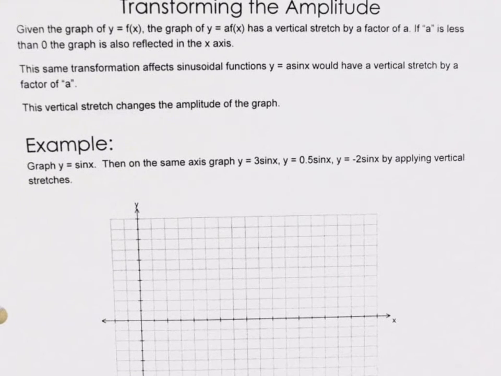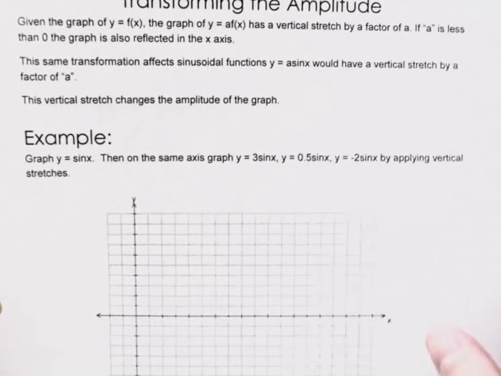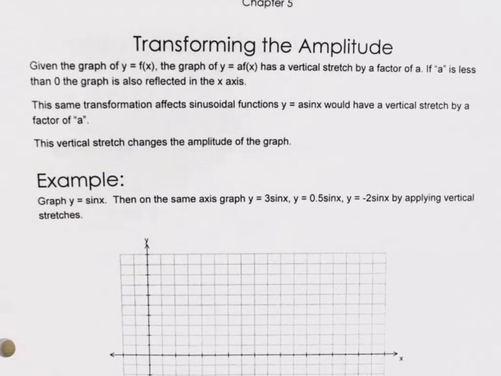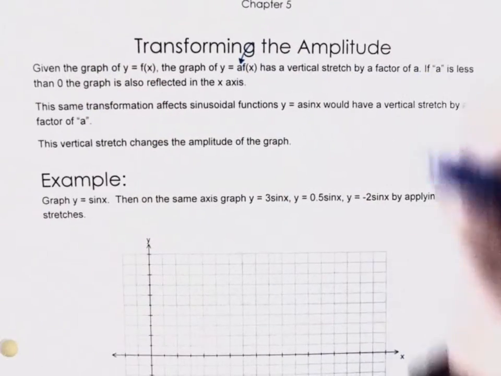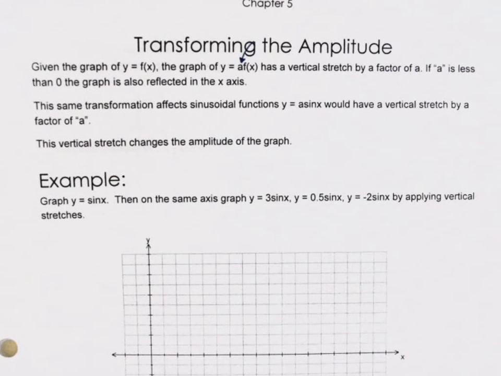Okay, so that was too easy. So we're going to go bigger and better. We're going to transform. So we know in function notation from chapter 1, if there's a number outside in front of the f, what does it do?